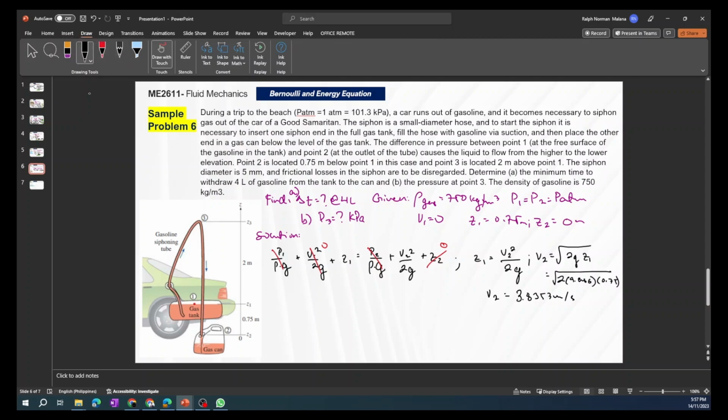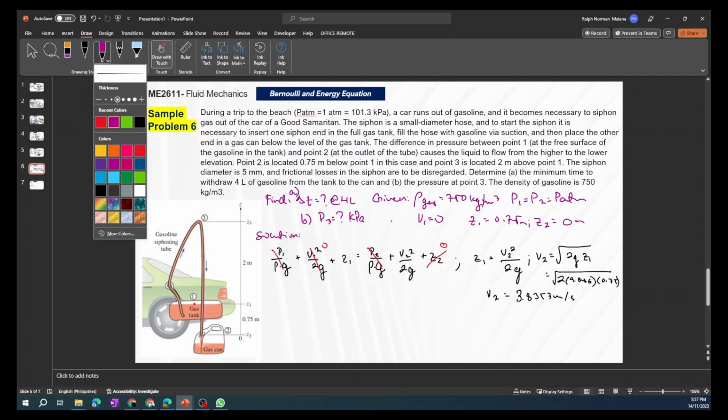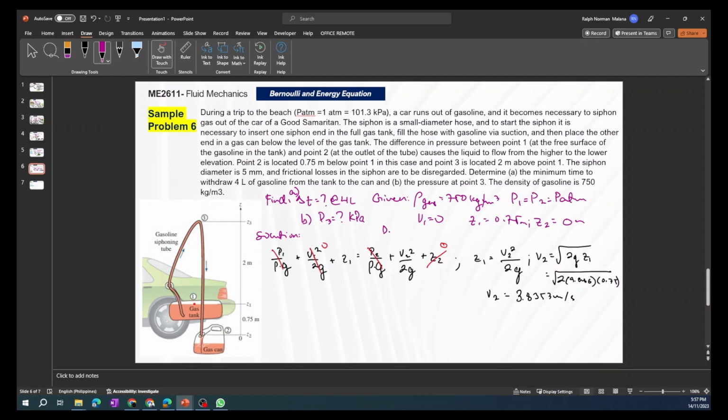We need to determine the time. Remember, one of the crucial things given here is the diameter of the siphon, which is 5 millimeter. Luckily, if you recall our formula, volume flow rate is equal to the fluid velocity times the area.